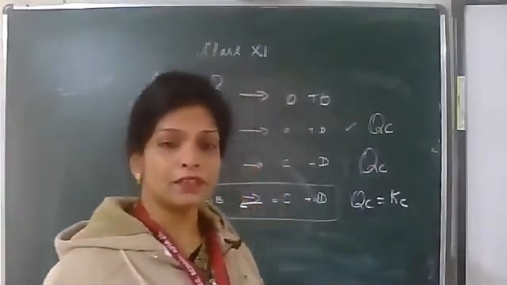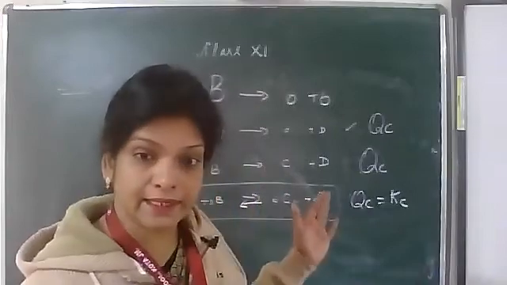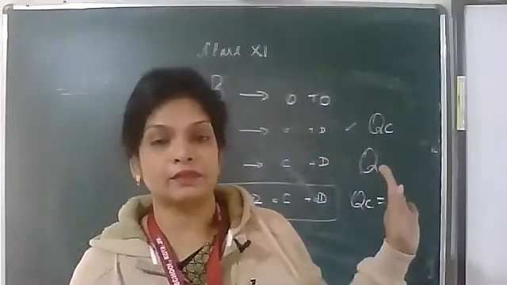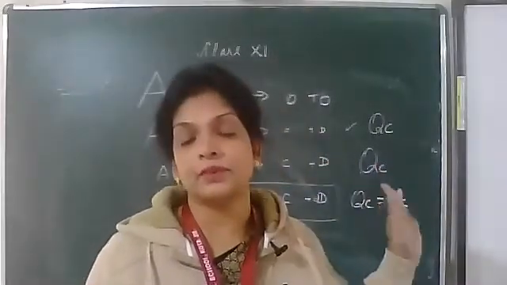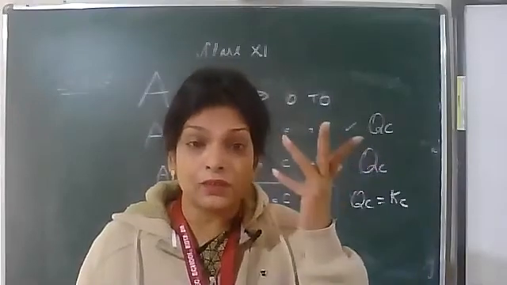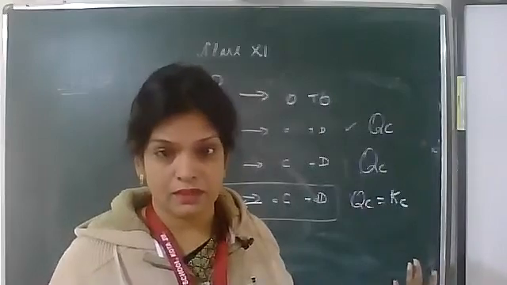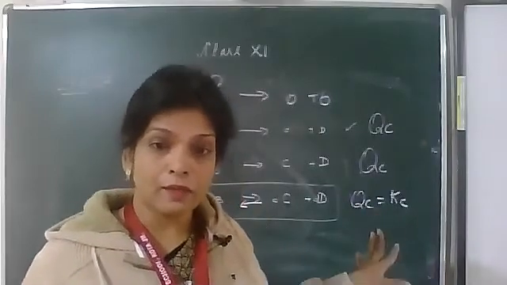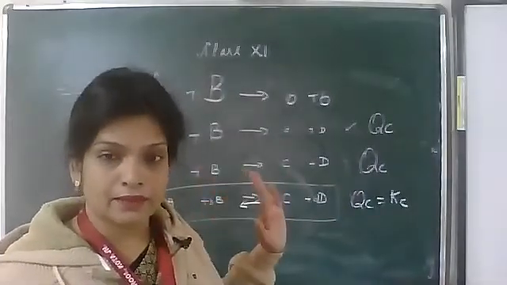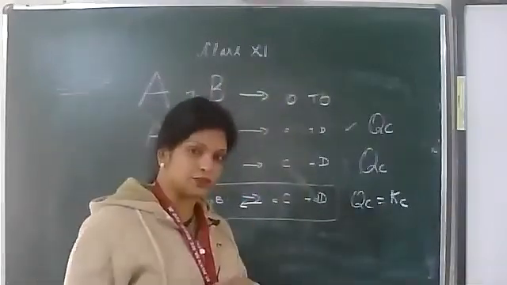So when Qc is less than Kc, the reaction will proceed in the forward direction. Anyway, Qc will try to reach Kc. Qc we call the reaction quotient. Kc is the equilibrium constant. At equilibrium, Qc will become equal to Kc. Otherwise, at any other time, after this also it is Qc only.